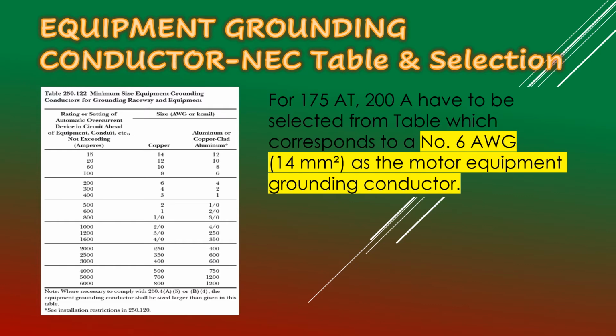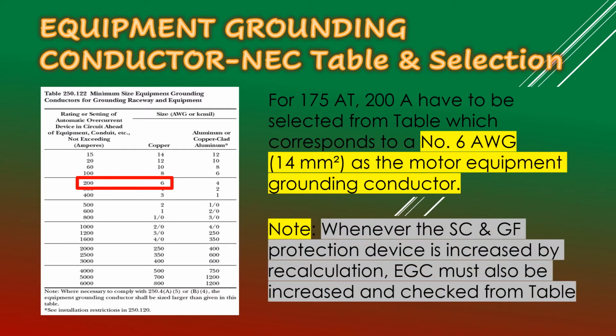From the table, 175 does not exceed 200 ampere, so we shall use this row. Therefore, our equipment grounding conductor is number 6 American wire gauge or 14 mm squared as the motor equipment grounding conductor.